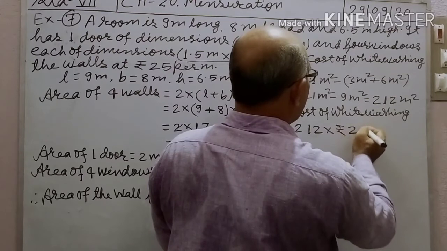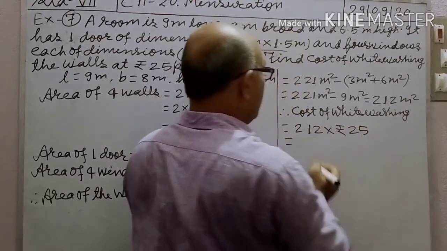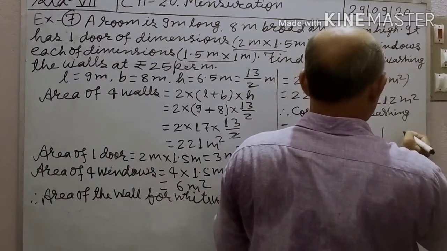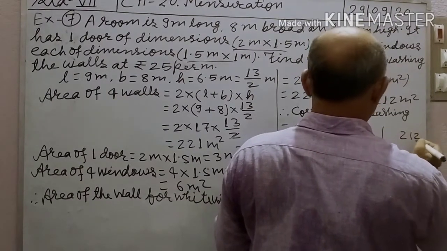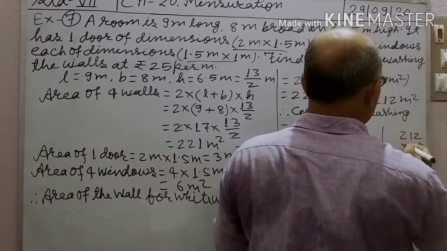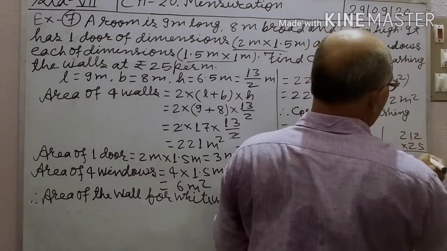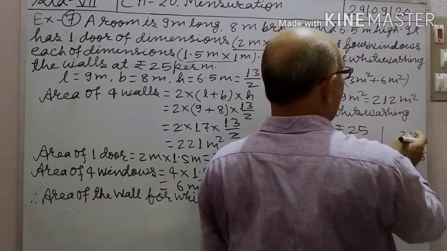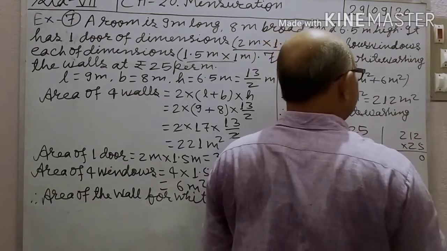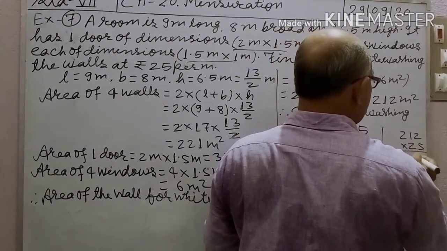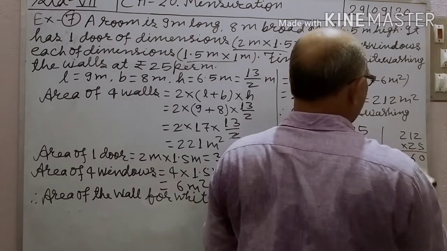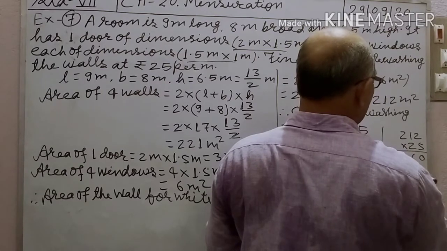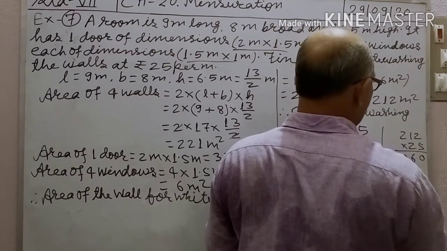So multiply 212 by 25. 2 5s are 10, 0 and carry 1. 1 5 is 5, plus 1 is 6. 2 5s are 10. Then 2 2s are 4, 1 2 is 2, and 2 2s are 4.